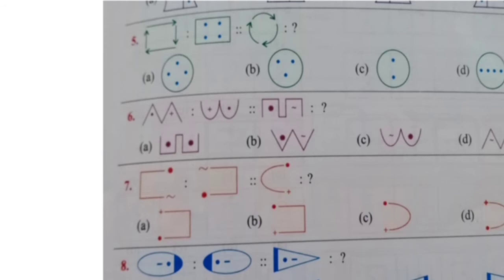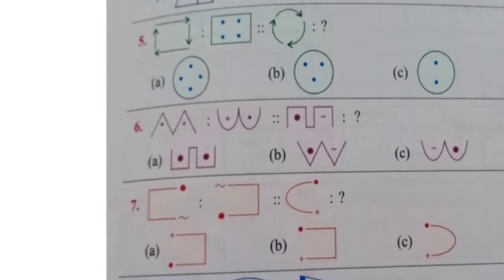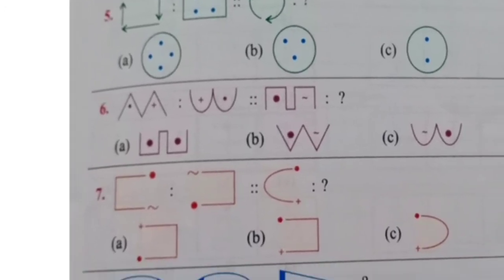Sixth one. In the first abstract, what is given here? Star and plus, and some lines drawn like a mountain, and similarly a U shape drawn with plus sign and star sign.